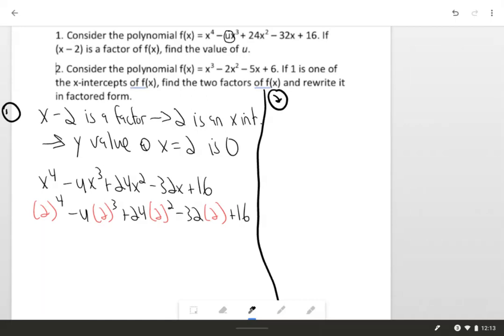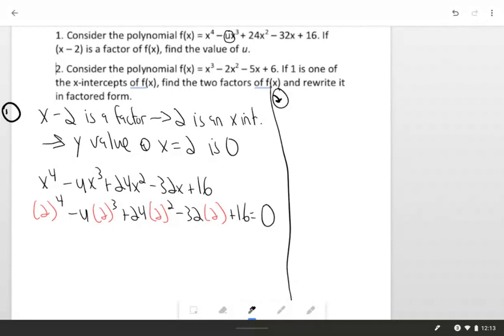Now, if I do that, I know that the answer is going to be 0. Let me give myself a little more room here. All right, so I know that the answer is 0 because the y value is 0. So I can now simplify this and use that to figure out what the value of u is. So let's do that.